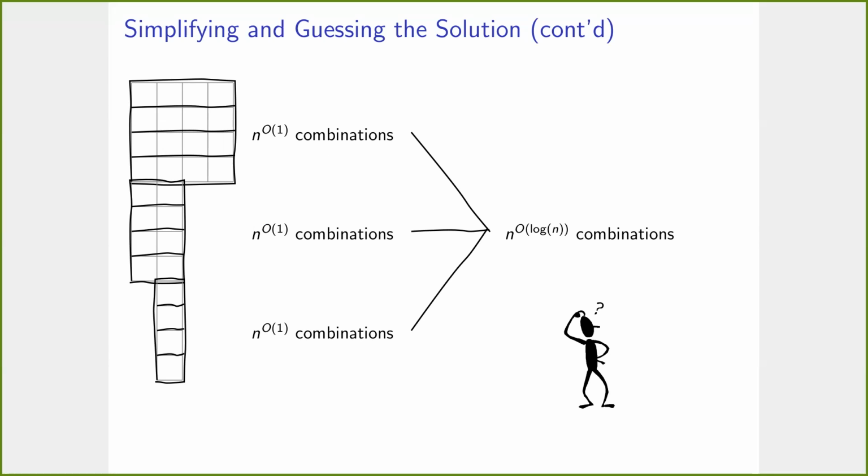And with all of this, you kind of already get a sense of why it's so much easier to do something in quasi-polynomial time than in polynomial time. So we need to somehow change our guessing scheme a little bit in order to have only polynomially many guesses for all of these blocks.